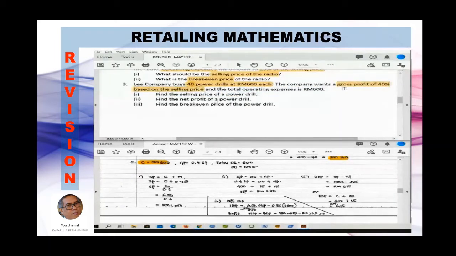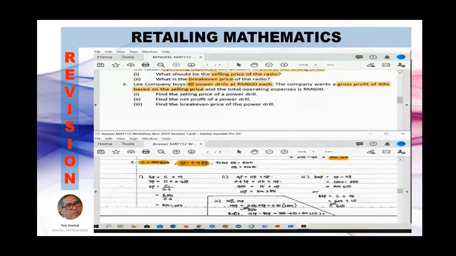So GP, so gross profit GP ataupun markup sama saja. Tapi dari sini dia punya gross profit is 0.40 of SP. Okay, 40% daripada nilai selling price. So kita boleh tuliskan sebagai GP kita 0.4 SP.